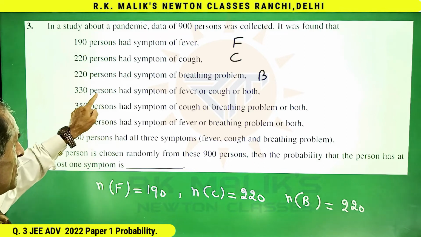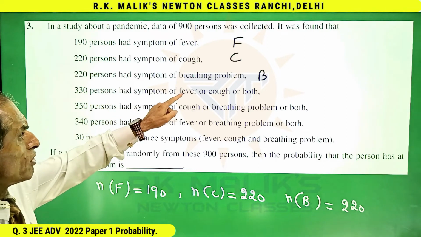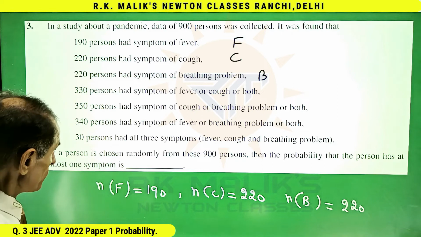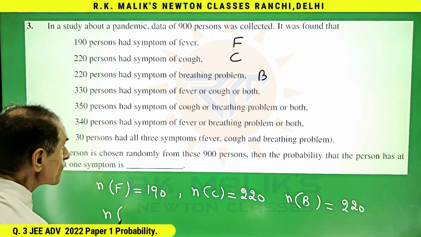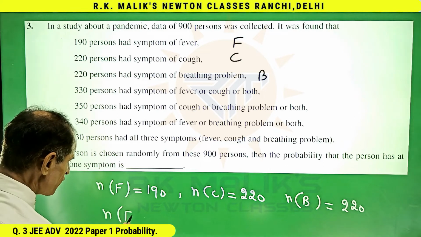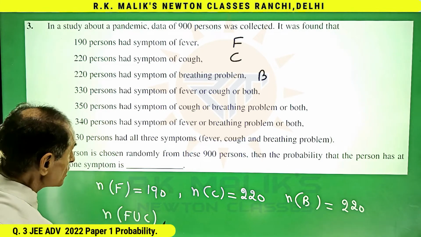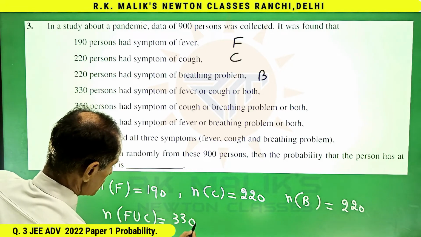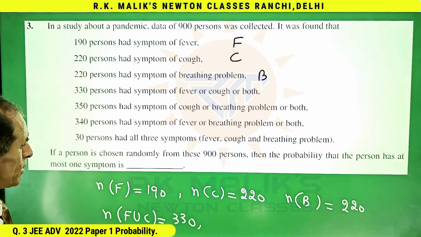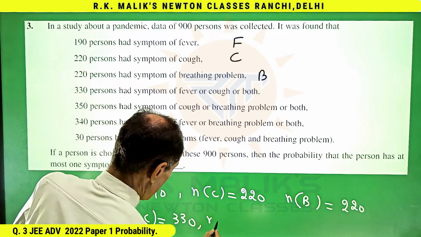And 330 had symptom of fever or cough or both. That is N(F union C) is equal to 330.